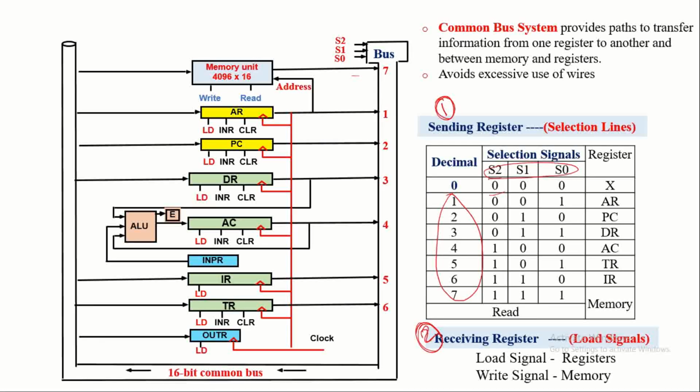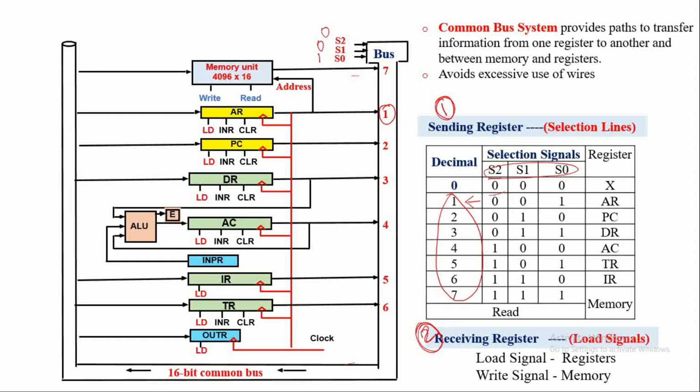For example, if the selection signal values are 100, since 100 is equivalent to 1, and 1 is specified along AR, that is the address register, then whenever the selection signal values are 100, the address register has to transfer its information over the common bus.